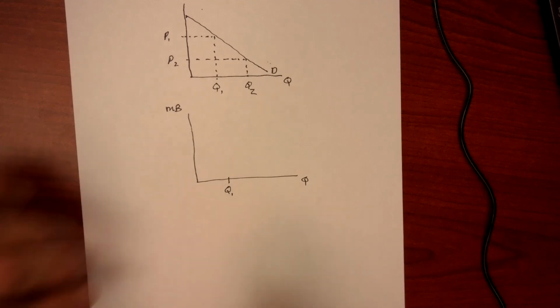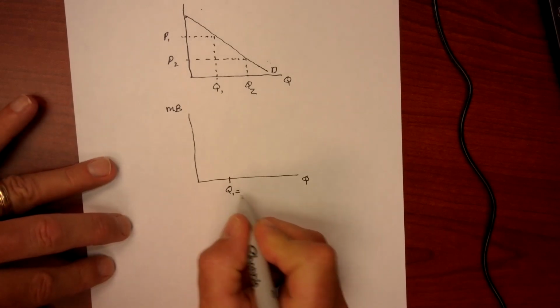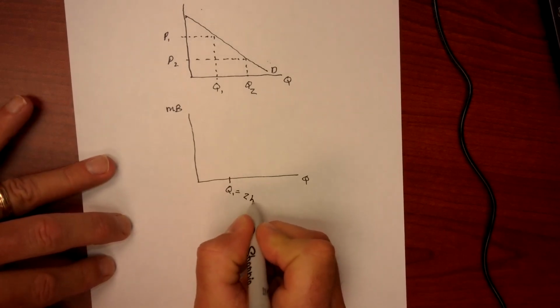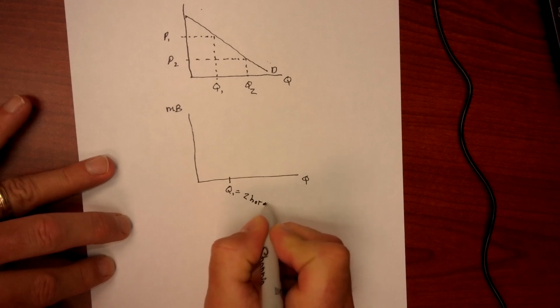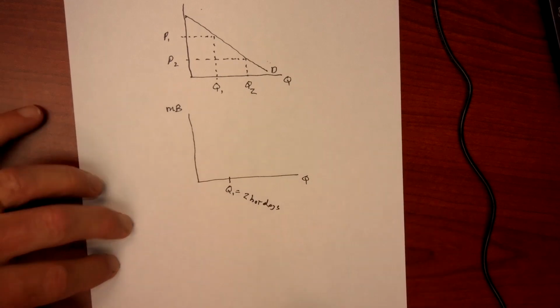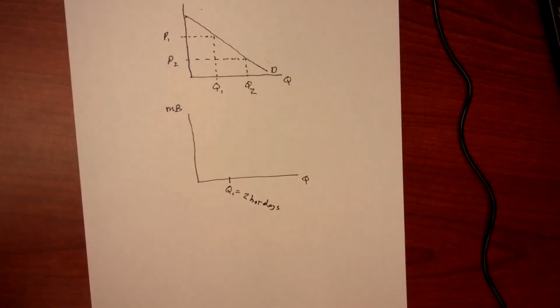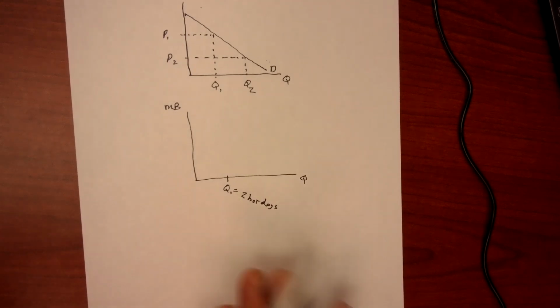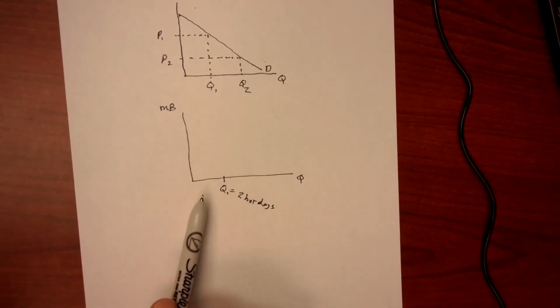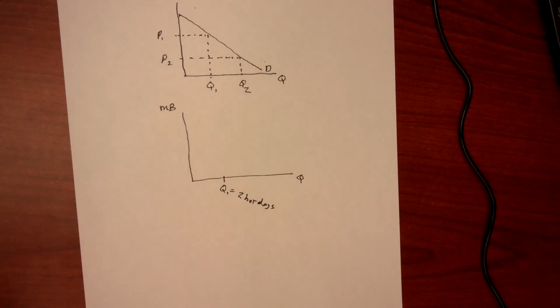So let's just say this Q1th unit is 2 hot dogs at the local county fair or something like that. So Q1 equals 2 hot dogs. I've already eaten 1 hot dog. How much am I willing to pay for the second hot dog?